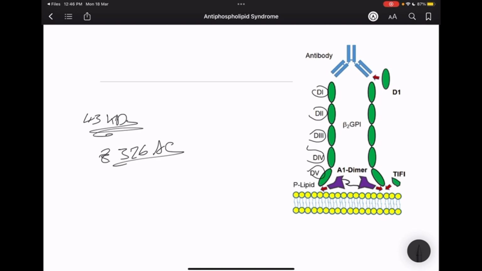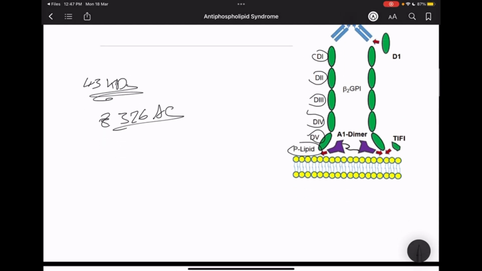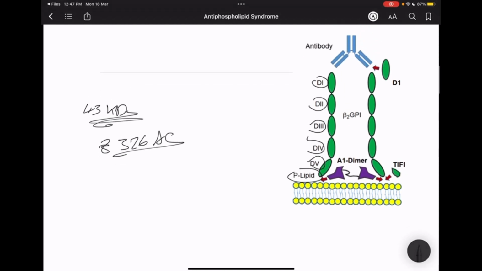The 5th domain has a positive charge, and as you know, the phospholipid has a negative charge. So domain 5 with positive charge is suitable to interact with negatively charged phospholipids. This part is the most important for the pathogenesis of antiphospholipid antibody syndrome.